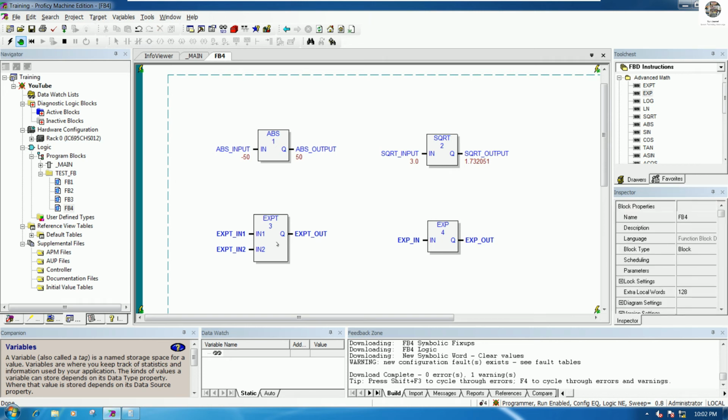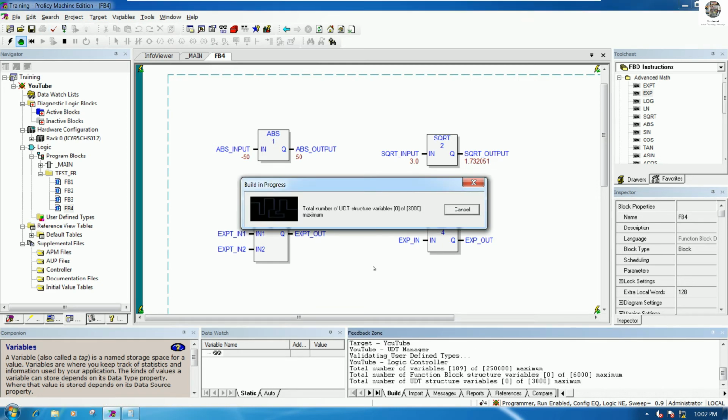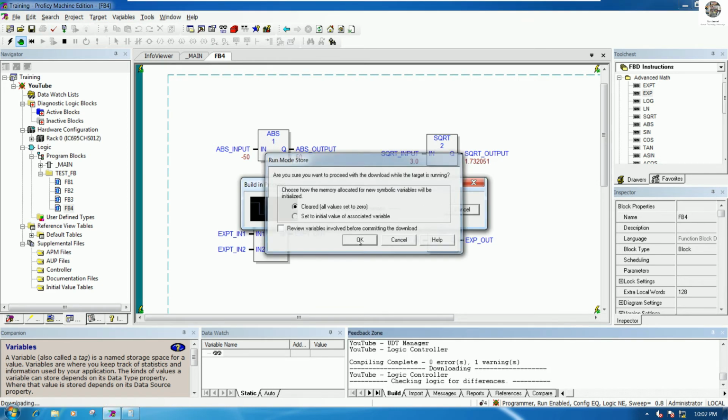Normally we can use the real value or integer value, no problem for this one. First I use the real value for both functions. So let's save our program and then download to CPU for test.